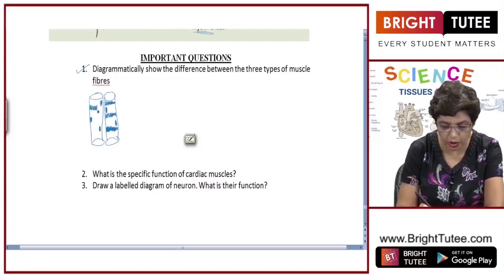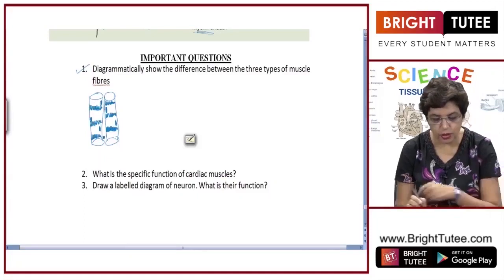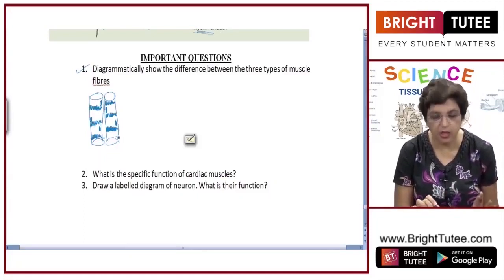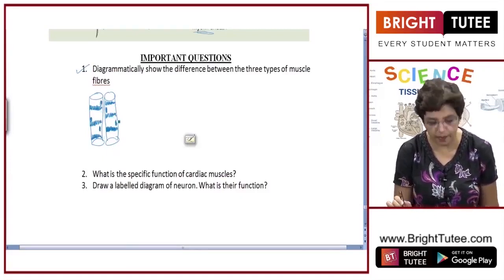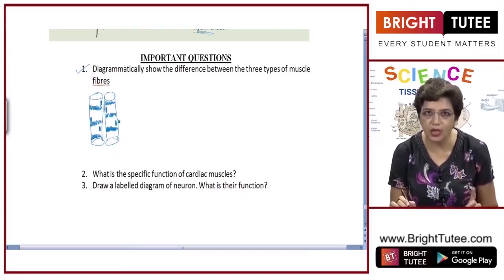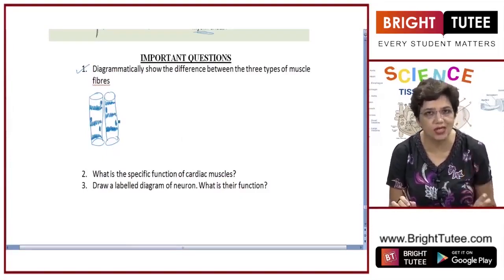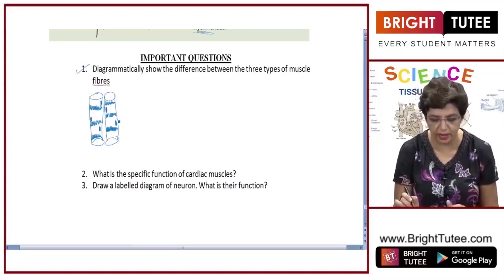So this is how you can draw the diagram. Okay, so cylindrical, non-tapering, multinucleated, alternate dark and light bands. These are called striated muscles or skeletal muscles or voluntary muscles.